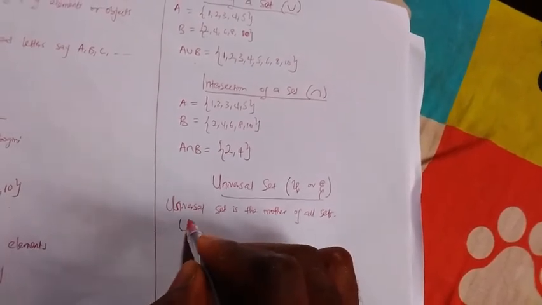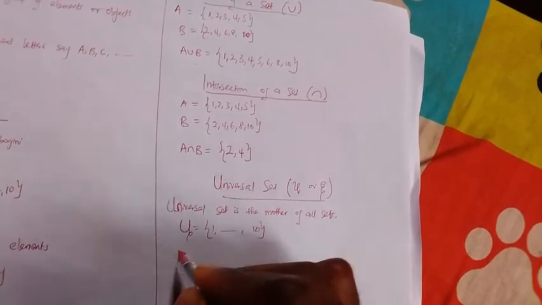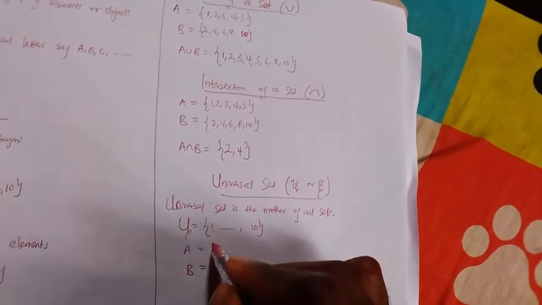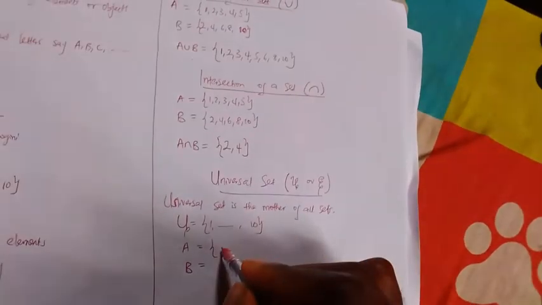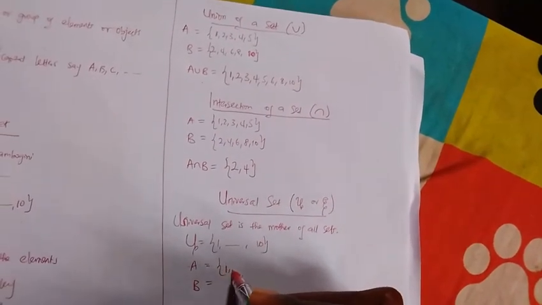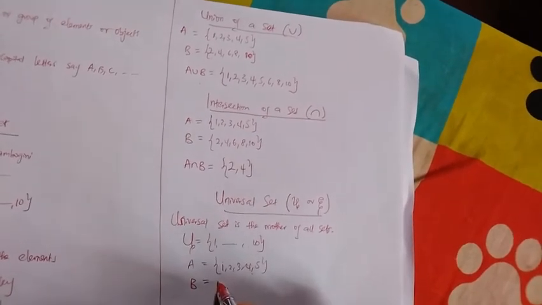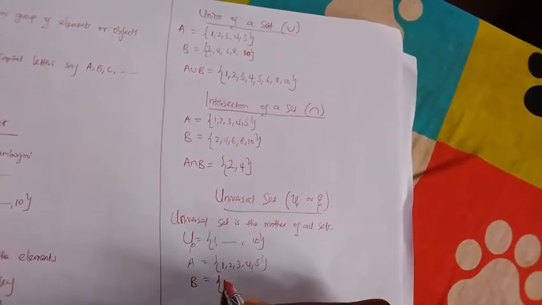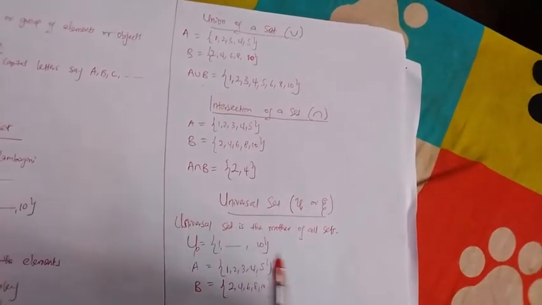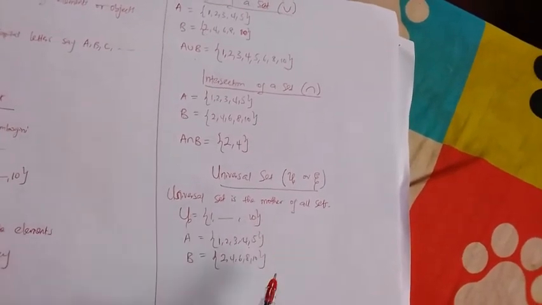So, if I said my U is given as 1 to 10, my A, which is a subset, and my B, which is a subset, must be part of this. From this, we have A as 1, 2, 3, 4, 5. Everything is here. We have B, which is 2, 4, 6, 8, 10. Everything is also in U. Now that is the universal set. It's the mother of all sets.